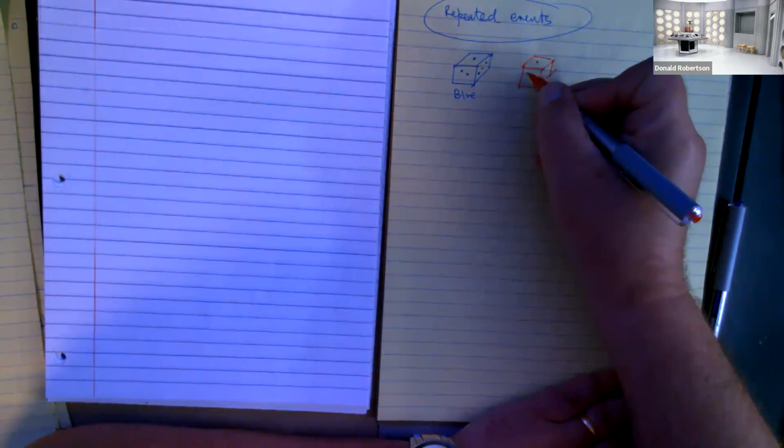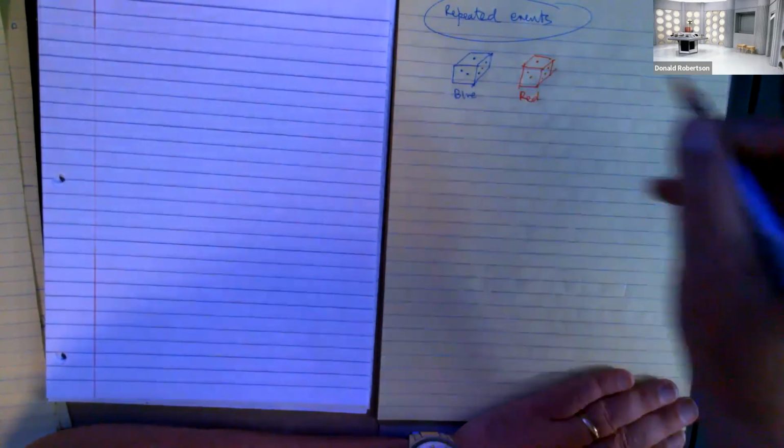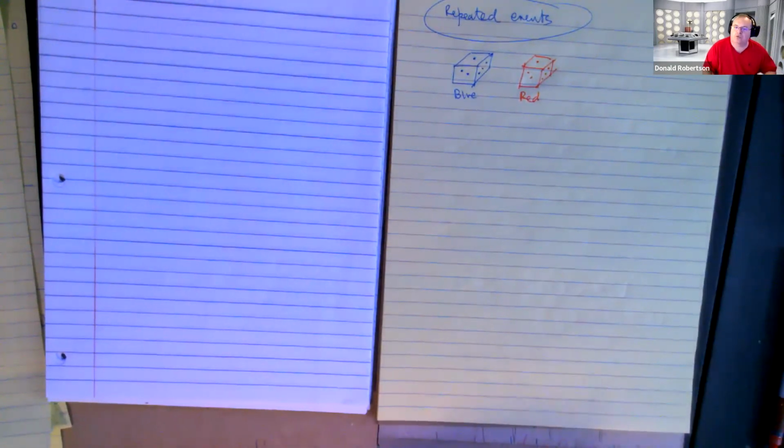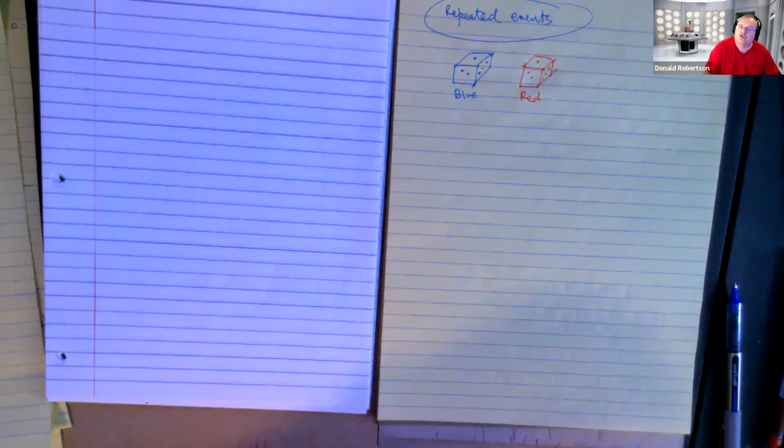And the other dice is going to be red. And we are going to throw two dice. In other words, we're going to repeat the event. If you think about it, one way of doing it is you roll the blue dice first, right? And you write down what happens, then you roll the red dice. So you're doing two events, right? Rolling one dice, then rolling the second. And we are going to be looking at probabilities of how that would work.